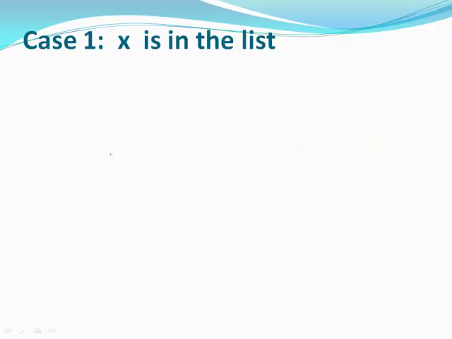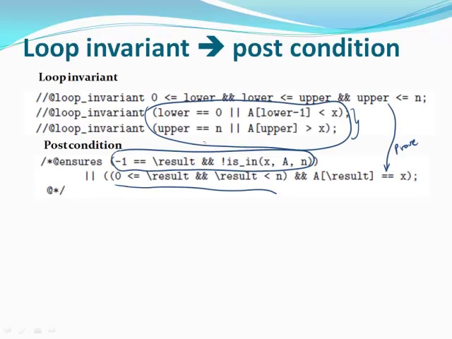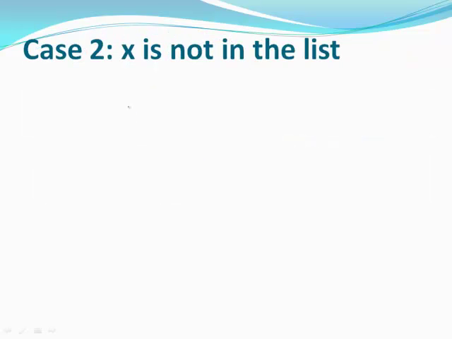So if x is in the list, we already proved that the loop invariant we have implies the postcondition. Now if x is not in the list, then we are returning -1.